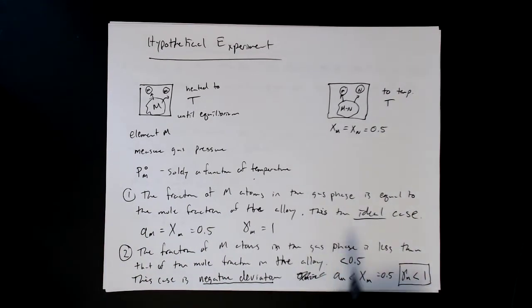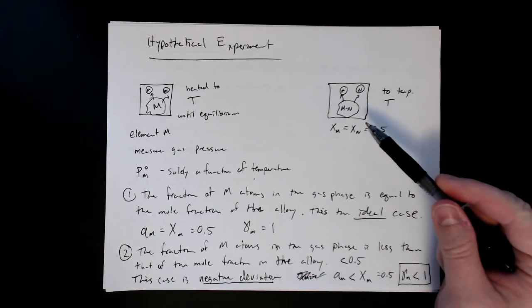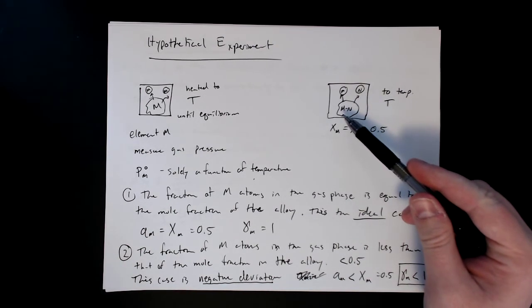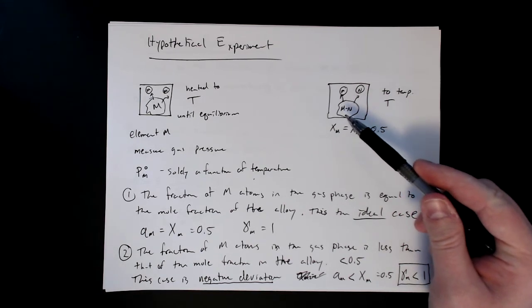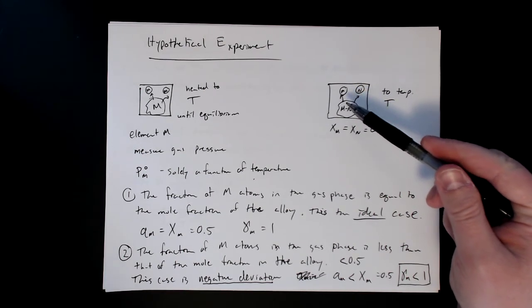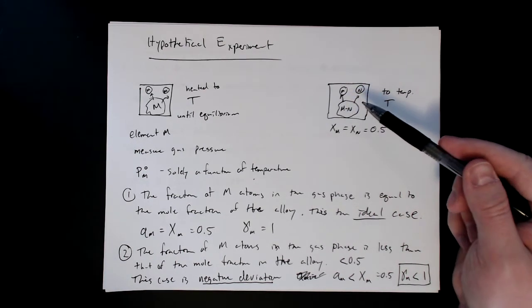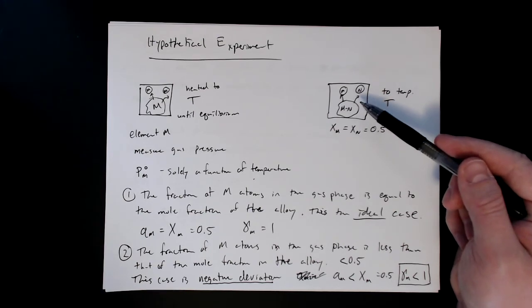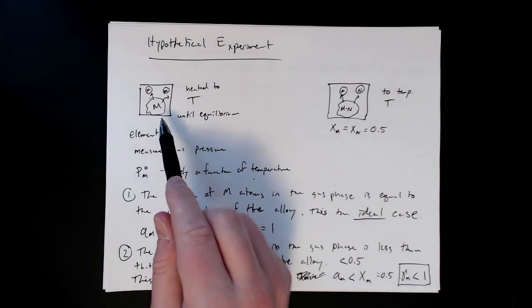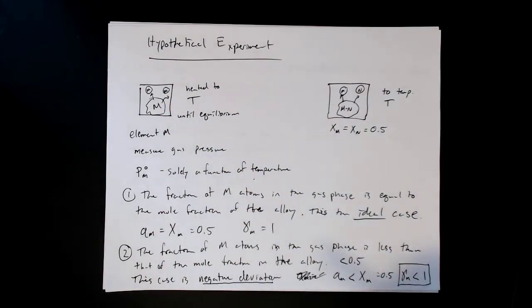So what happens here, if you think of this on a sort of physical basis, what this implies is that the M atoms would prefer to be in the solid, right, and not so much in the gas. So they prefer being in the solid compared to gas, and vice versa for N, if you want to think of it in that case. But we're just looking at M because we compared it to this experiment over here.